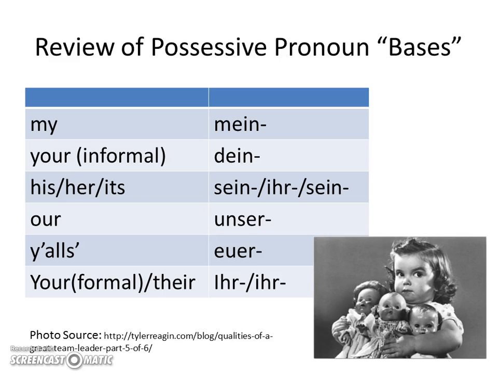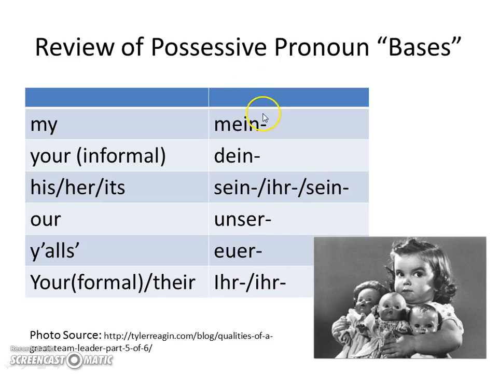We'll also go ahead and review the bases for all of our possessive pronouns. These are words kind of like my, your, his, her, its, etc. In German, it's mein, dein, sein, ihr, sein, unser, euer, ihr.